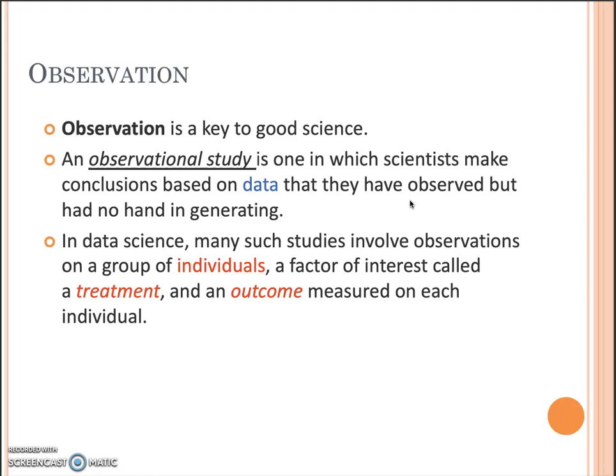Those individuals have a factor of interest we call a treatment. Then we find some outcome as our conclusion, measured by the data generated by those individuals. So that's an observational study.